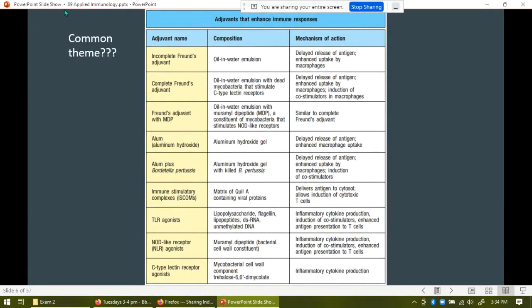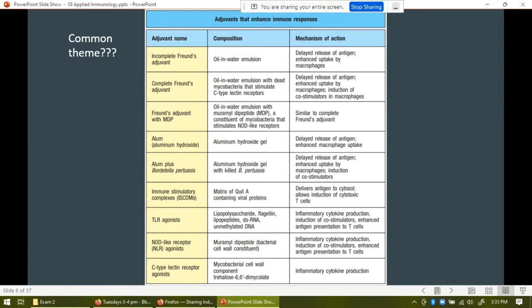So here's a couple of adjuvants. You don't need to know all the adjuvants, but the common theme among them is that they delay the release of antigen. Adjuvants vary from adjuvant to adjuvant in what they do and what they are. In humans, usually we use alum, which is an aluminum hydroxide gel. That helps invoke macrophage uptake.